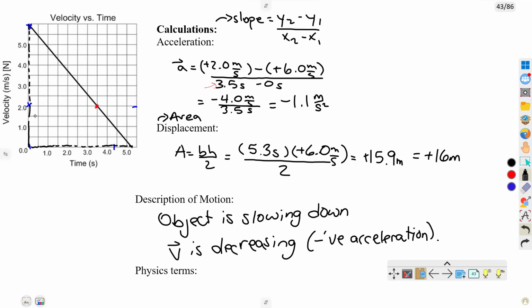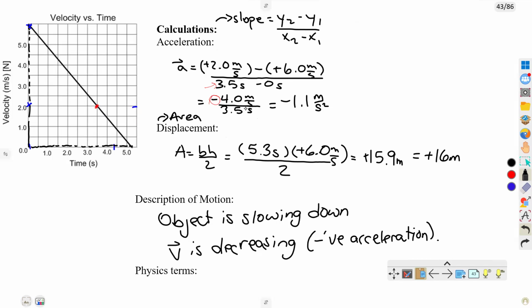The change in velocity: we're starting at 6 meters per second and ending at 2 meters per second. It's always final minus initial, or y2 minus y1. So that's 2 meters per second minus 6 meters per second, giving us negative 4 meters per second. We divide that by 3.5.